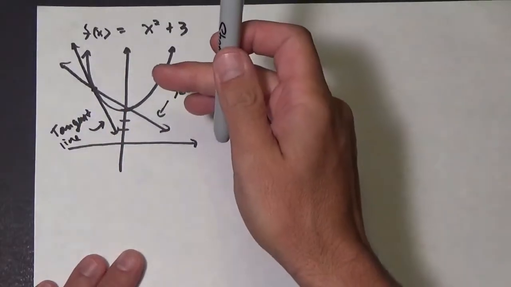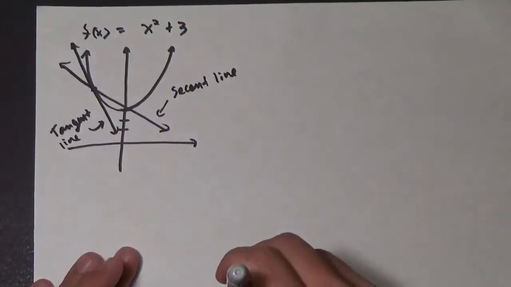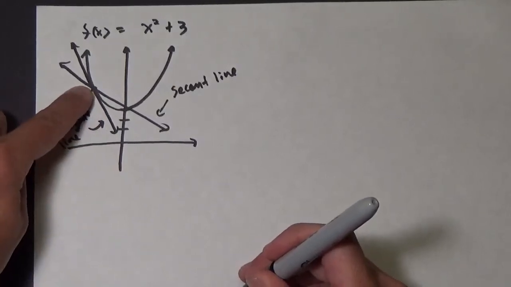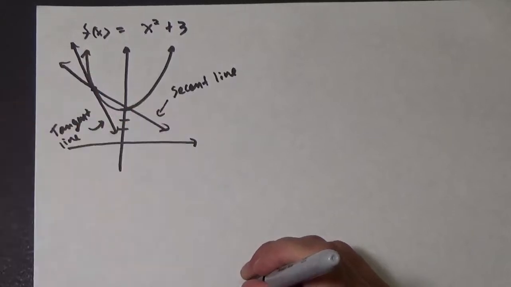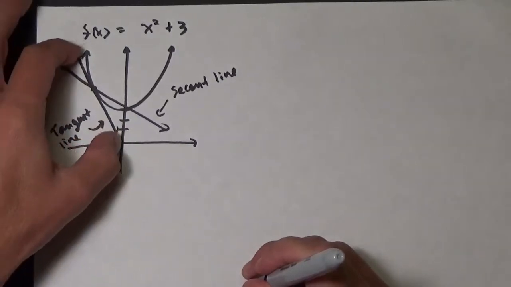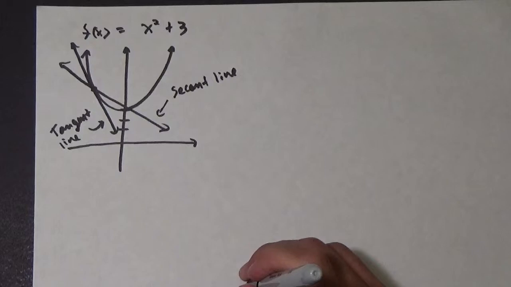The interesting thing about the slope of the tangent line is that at this moment here, it gives us the exact rate of change of this function. See, the secant line gave us the average rate of change. This gave us the exact rate of change, and we call that the instantaneous. What is happening at that moment?